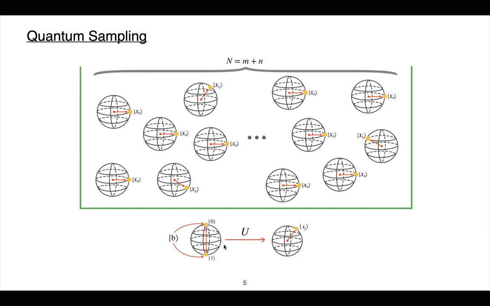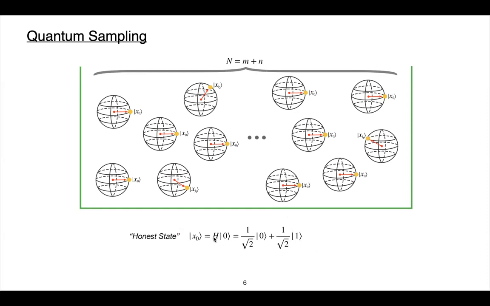For example, in the two-dimensional Hilbert space, ket b can be either ket 0, ket 1, or both. Then the unitary operator U evolves ket b to a new quantum state, ket x_j, which is basically rotated and jumped from the initial basis by the operator.